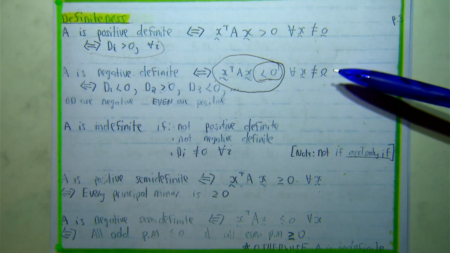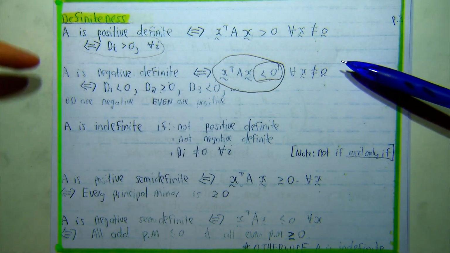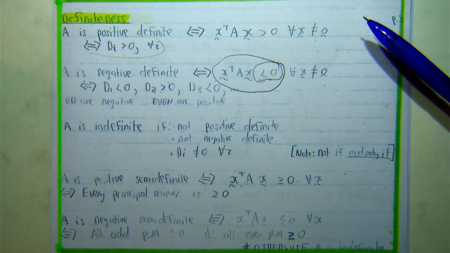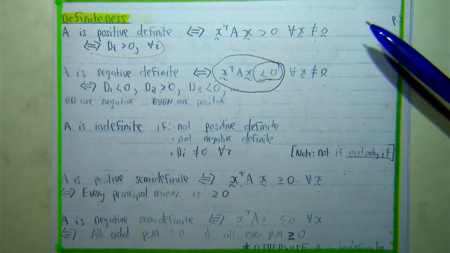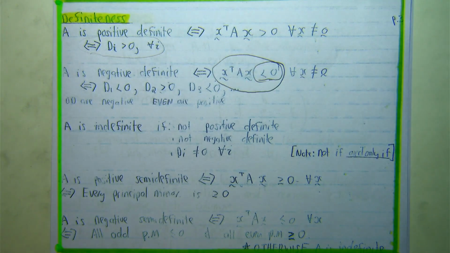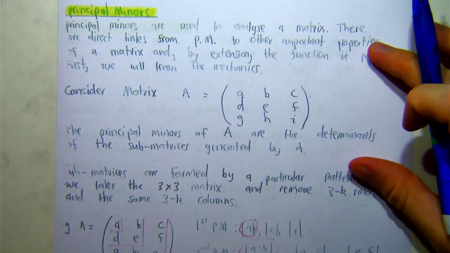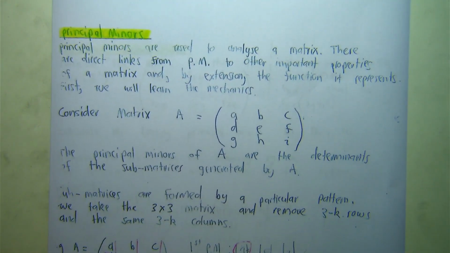There's no way around it. You have to work out how to work out the principal minors, and then once you know that, you just plug it into this mess and you see what the principal minors do in terms of these theorems, and then you just match it to one of them. So to work out principal minors, let's just take a look at that.